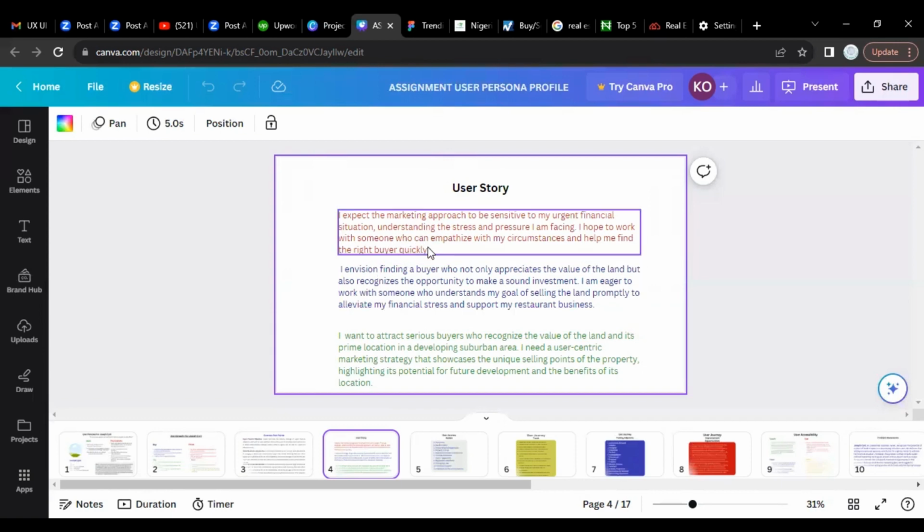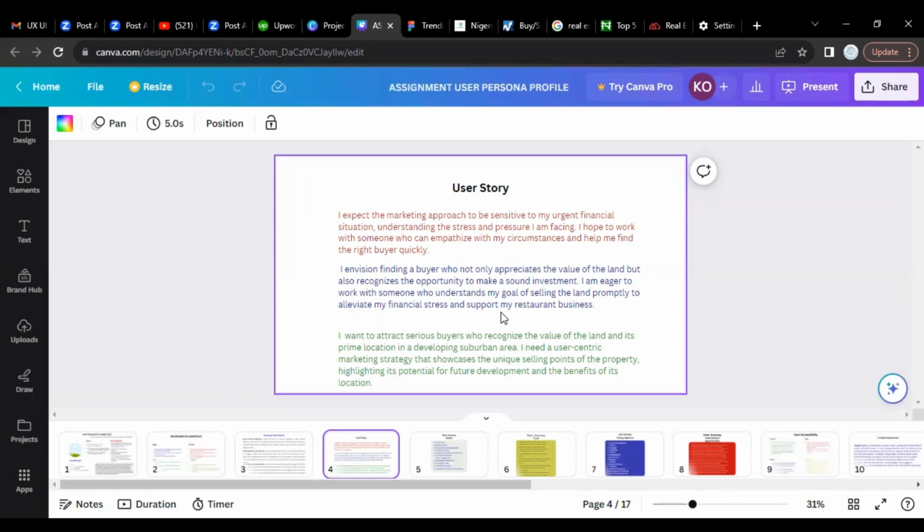I mean, he's still outlining his frustrations, if I may say. Okay, I envisioned finding a buyer who not only appreciates the value of the land, but also recognizes the opportunity to make a sound investment. I am eager to work with someone who understands my goal of selling the land promptly to alleviate my financial stress and support my restaurant business.